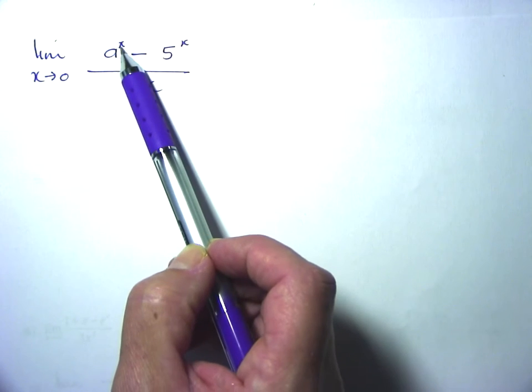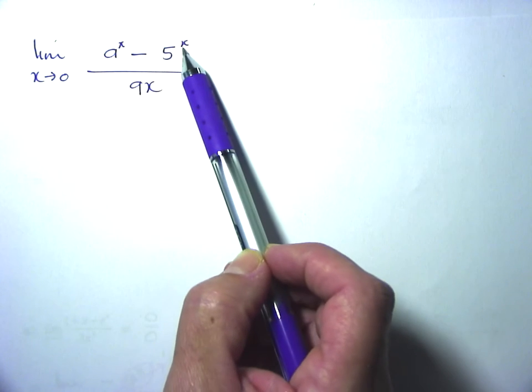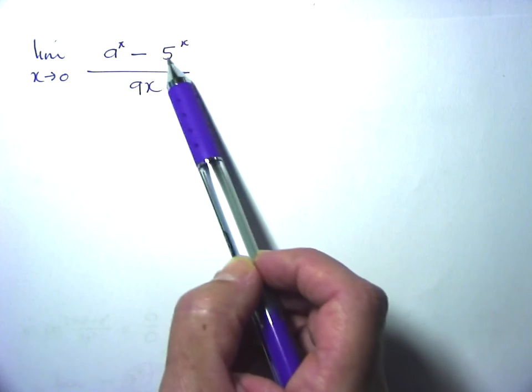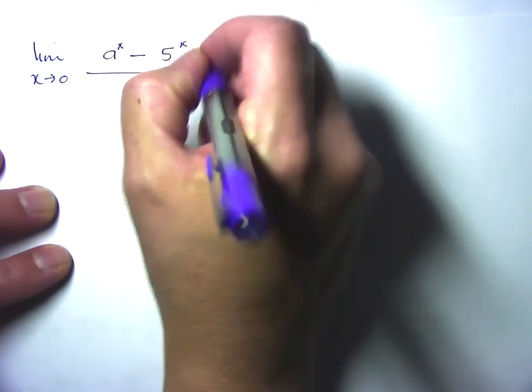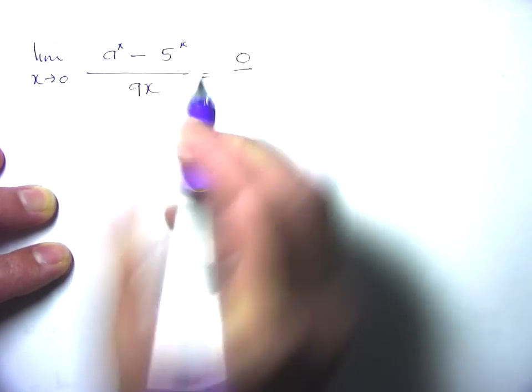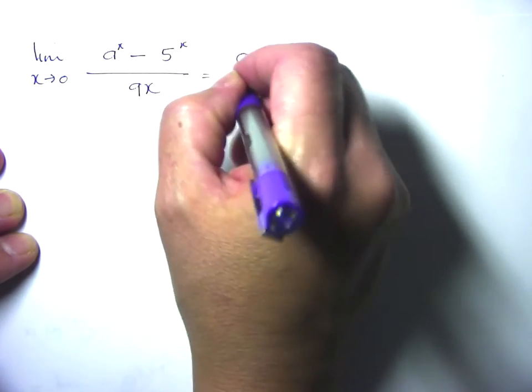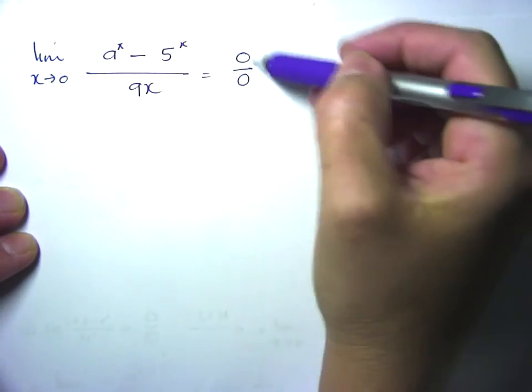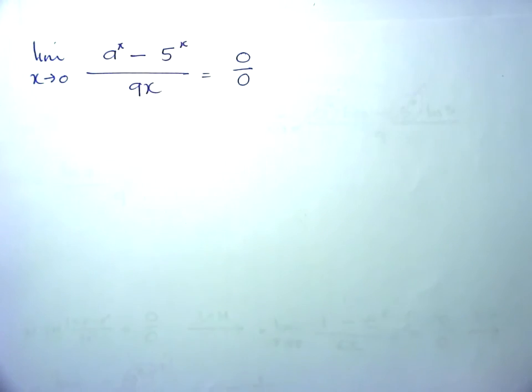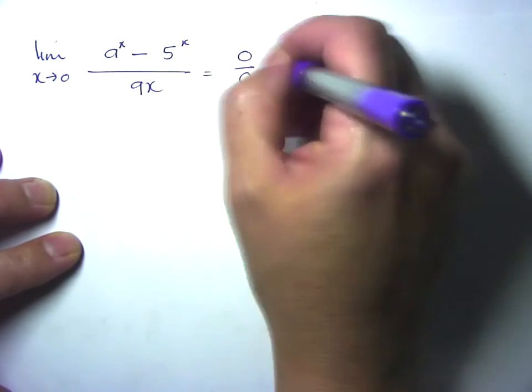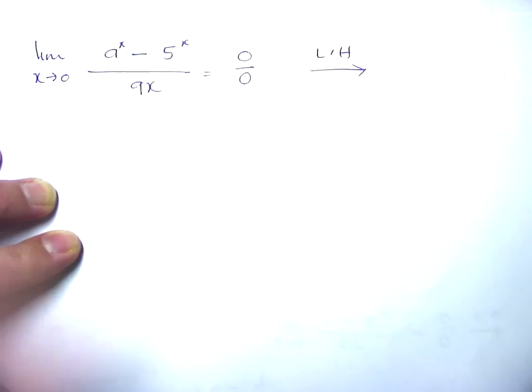So you have a to the power 0 minus 5 to the power 0, which is 1 minus 1, equal to 0. Plug 0 in the denominator also: 9 times 0 is 0. So you see the 0 over 0 form. This is the indeterminate form. This is good because this gives me permission to now use L'Hopital's rule.